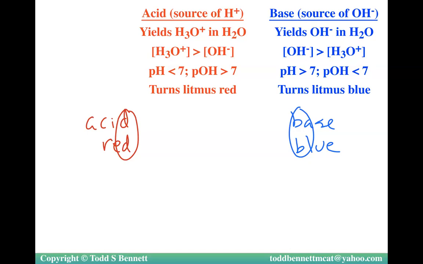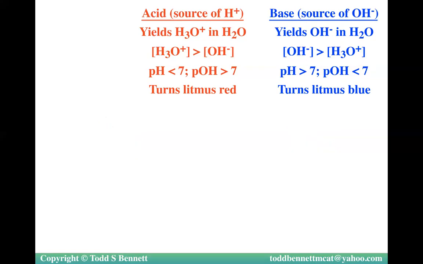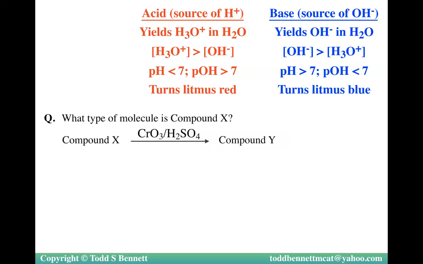Okay, so let me give an example. This is going to be beyond our pay grade at this point in OChem, but I still want to look at it and see what piece of information I can get and hopefully piece something out of this question. So a few things.